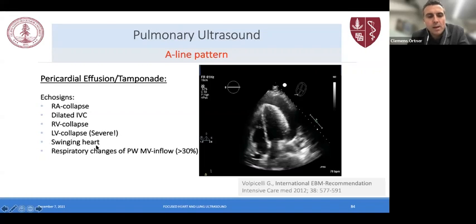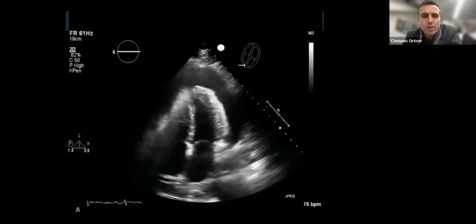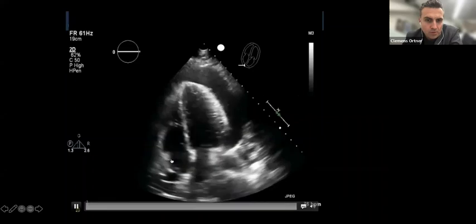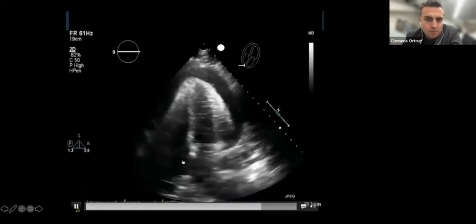You will also see a swinging heart that causes the change of electrical vector on your EKG. That's, I would say, the most important thing. But let's look at some images. Here you see this bouncing collapse of the right atrium.